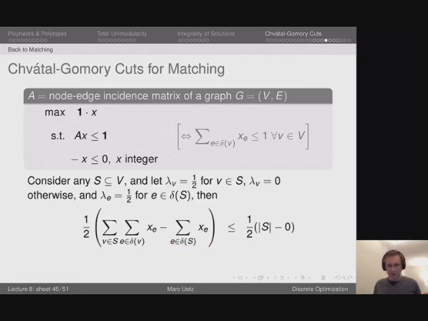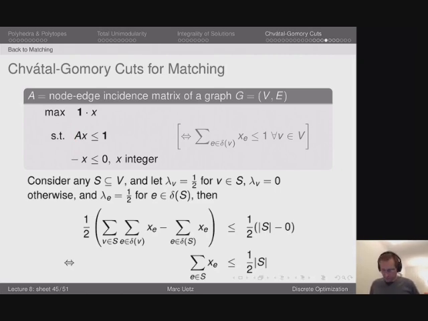So the edges in the cut disappear, and I have twice the edges which completely lie inside the set S. So what remains is just all the edges which completely lie inside S, and on the right-hand side, I have 1/2 times the cardinality of that set S. So far I have just made a linear combination of some of the valid inequalities of the original problem, right?